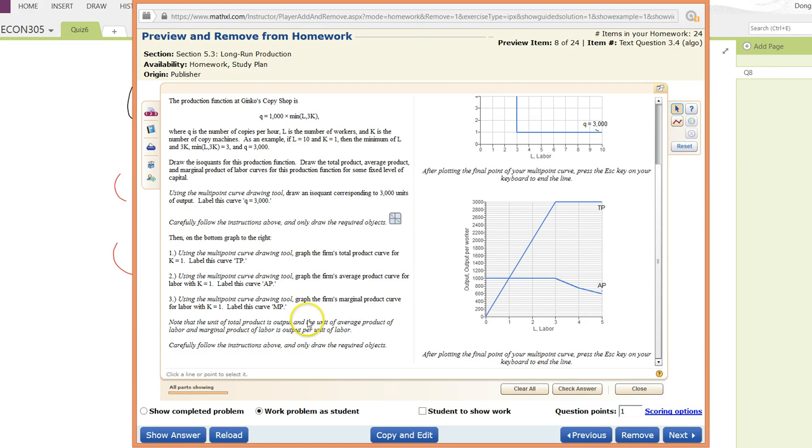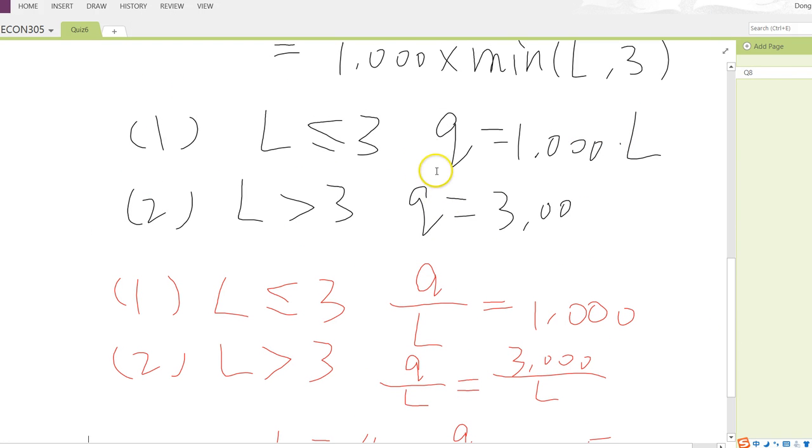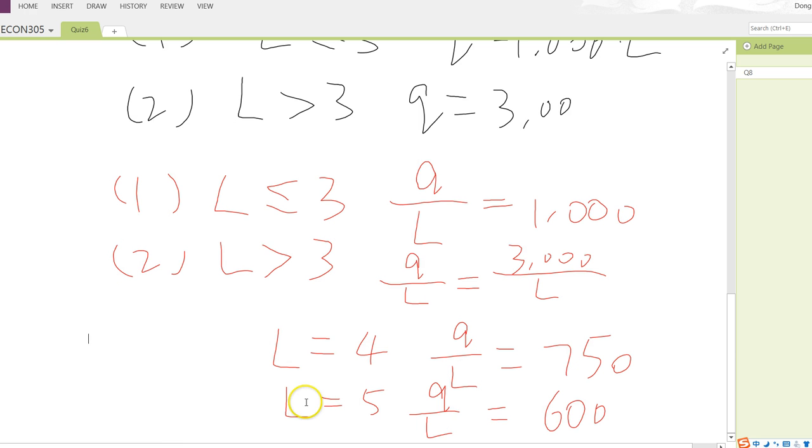And finally, MP, marginal product. Based on the same total product curve, we can also calculate the marginal product because this is a straight line. So average product actually equals marginal product on this portion. So we can also have two scenarios.